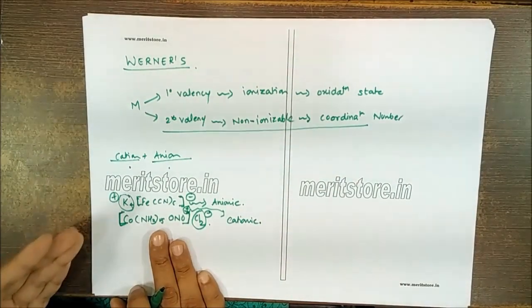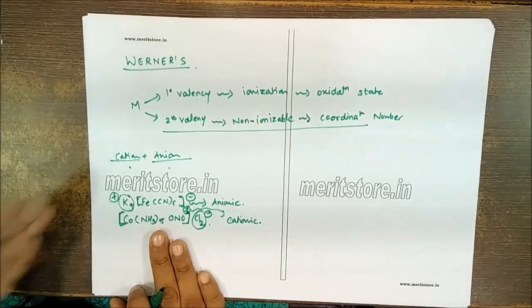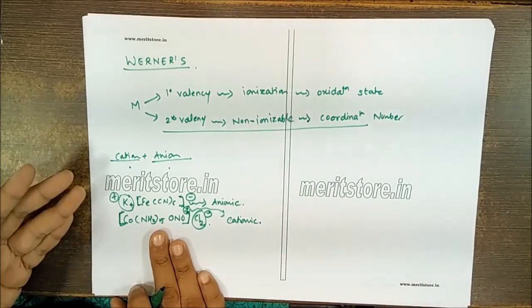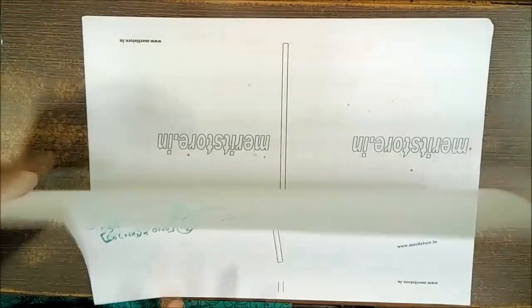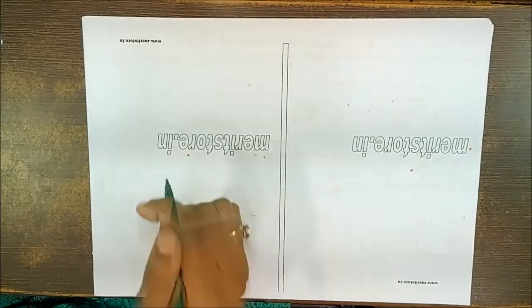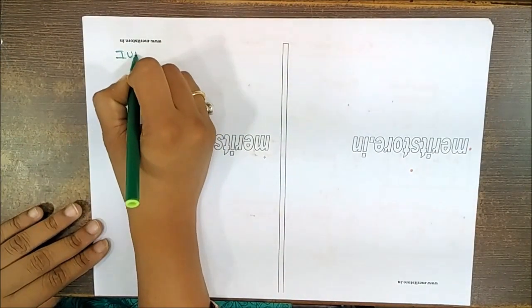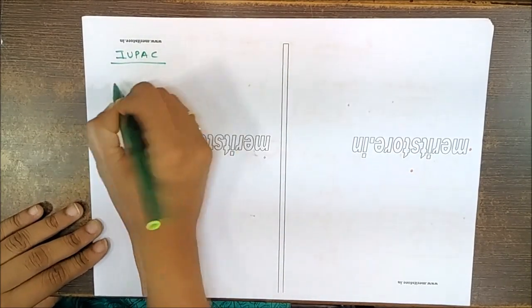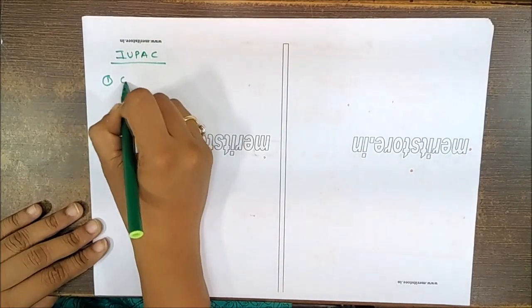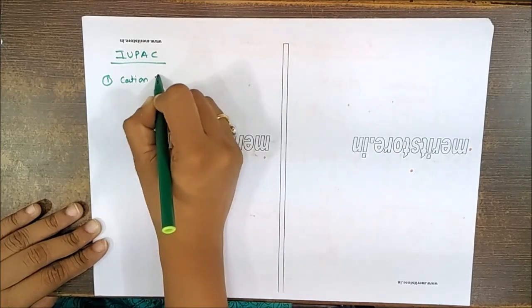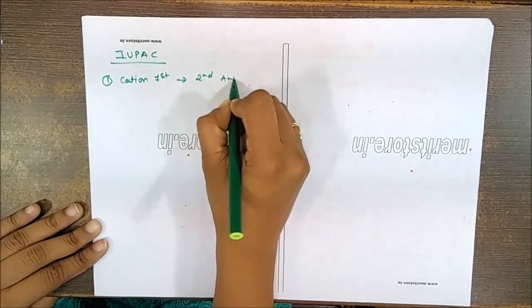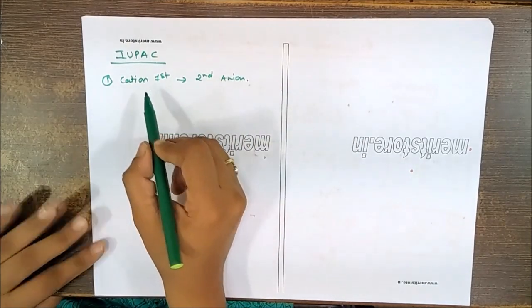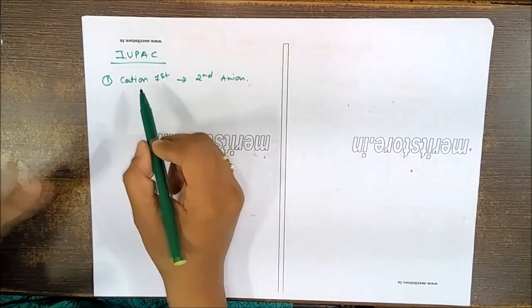Before you name your complex, it's very important first of all to categorize it, whether it is a cationic or an anionic complex. We have different rules while giving the IUPAC nomenclature to the complexes. First rule: while naming the complex, the name of the cation has to be written first, followed by the name of the anion. If your complex is the cation, you write the name of the complex first.